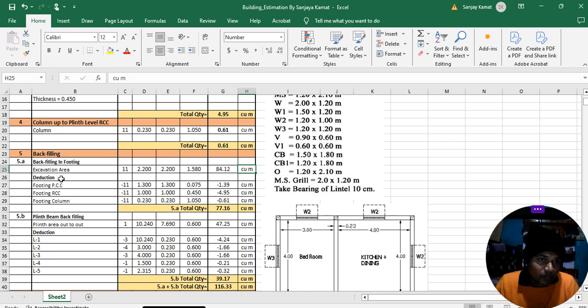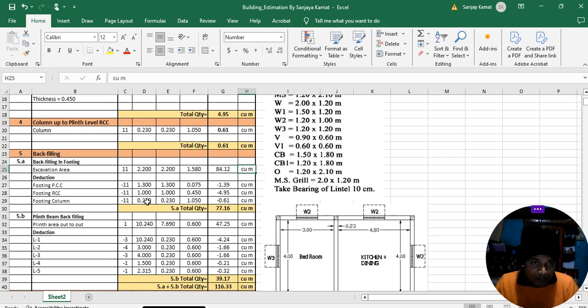Now we have to do the deduction, reducing the extra amount of concrete. For footing PCC, we subtract the number of excavation areas, minus 11.